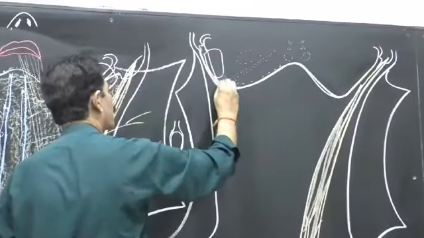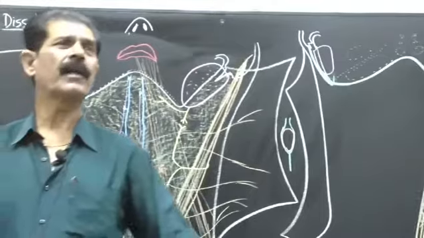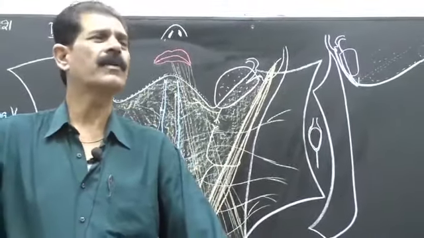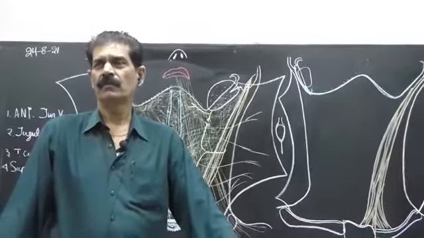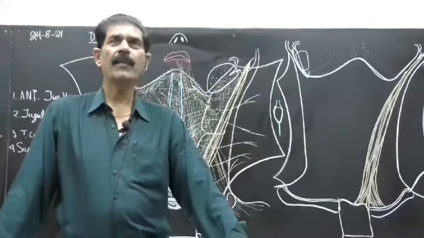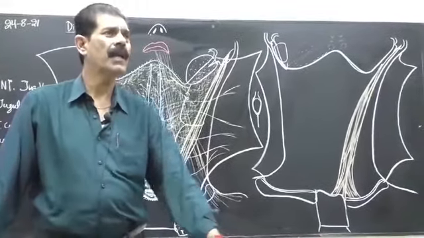And here it becomes thick. This thickened part of the deep cervical fascia running from the angle of the mandible to the styloid process is called stylomandibular ligament. It becomes thick, condensed, fibrous. Collagen fibers become thick. They are called stylomandibular ligament.